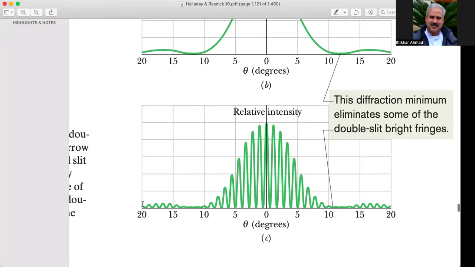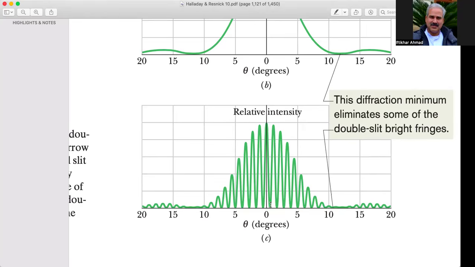This one shows a diffraction pattern. But along with the diffraction pattern, we also see that we have interference. Within the diffraction, we see that the diffraction pattern in this case is superimposed by interference.